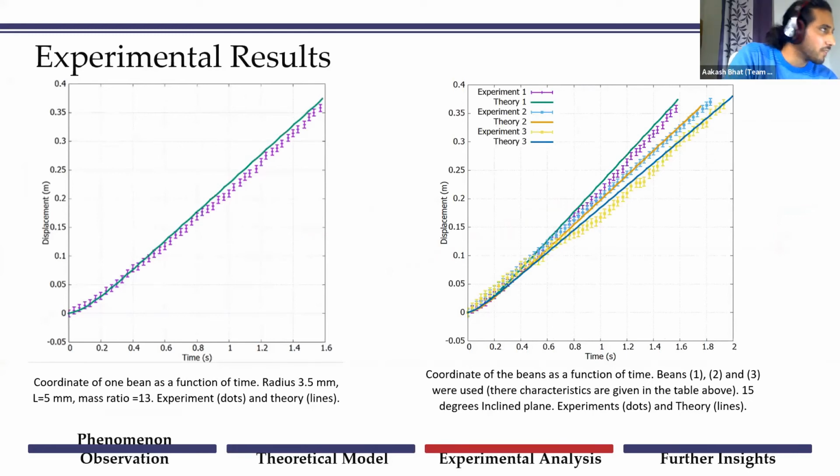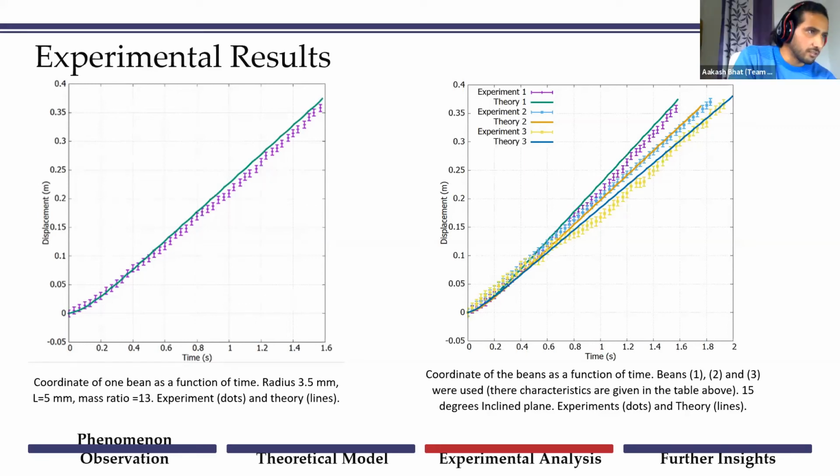Here it is, one coordinate as a function of time. Can you tell the difference between why you have 3 theories and 3 experiments? It's 3 theoretical graphs using the specifications of each beam. Beams 1, 2, and 3 are, in this case, A, B, and C.